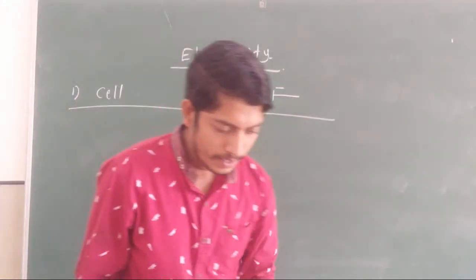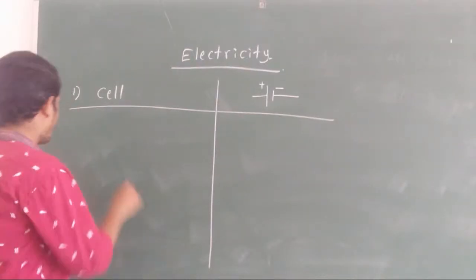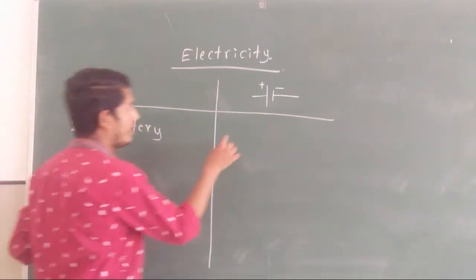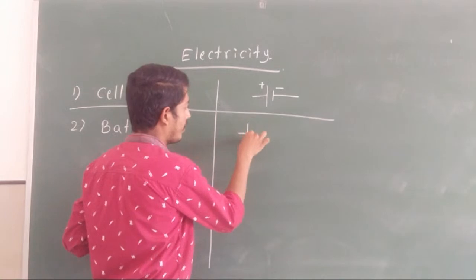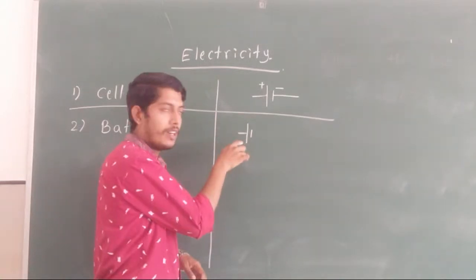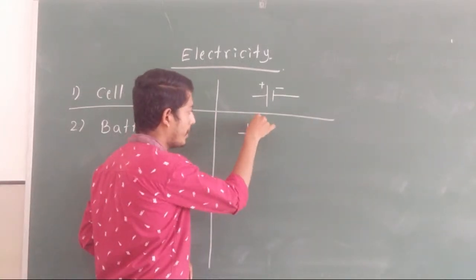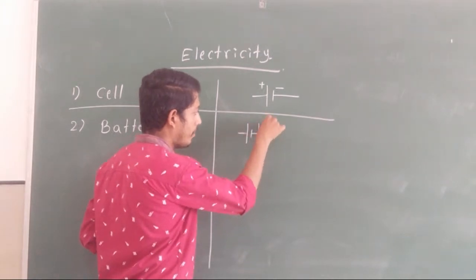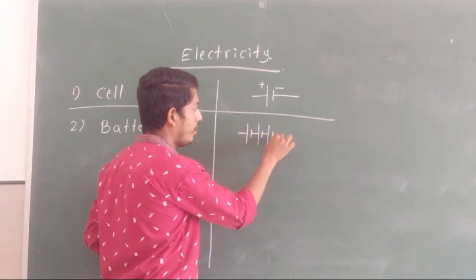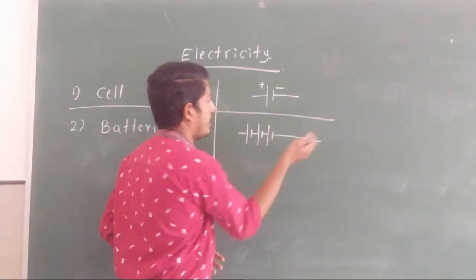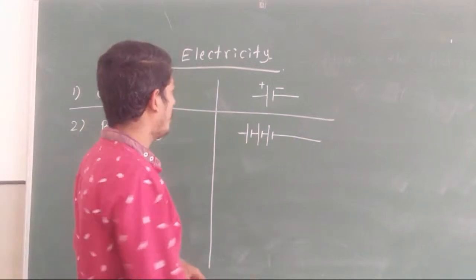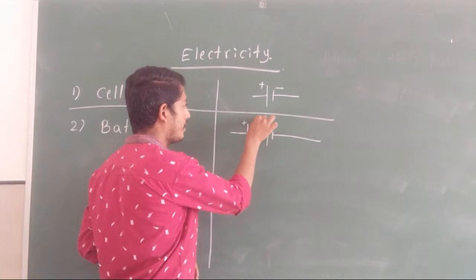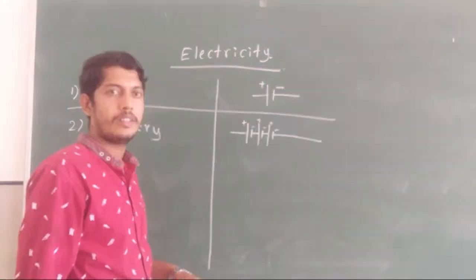Then the second term is the battery. There is a big one, then a small one, with a small gap, connected to a bigger one, then small, and it will extend: plus, minus, plus, minus.